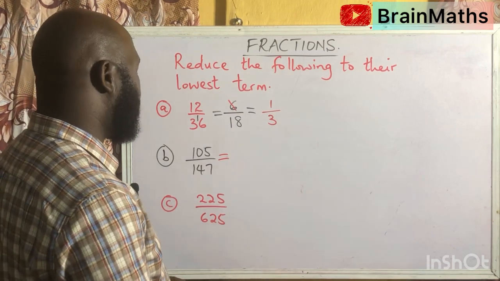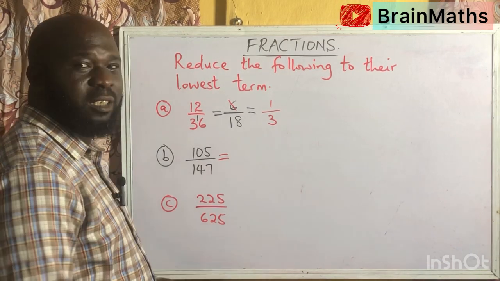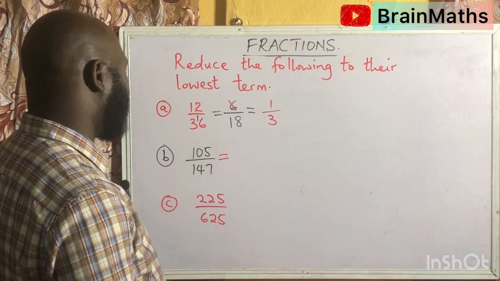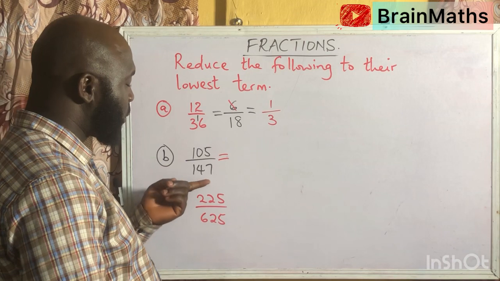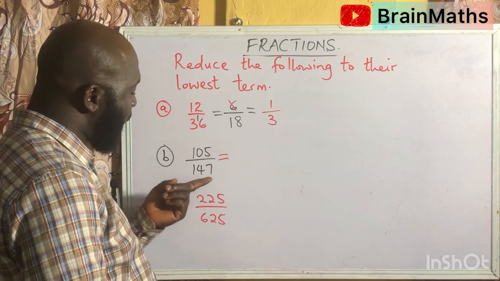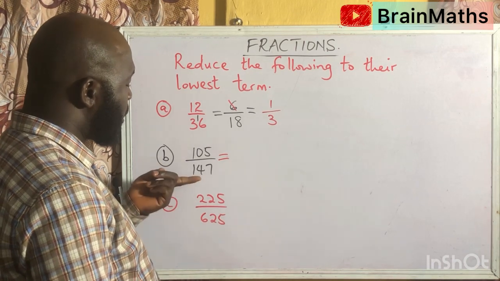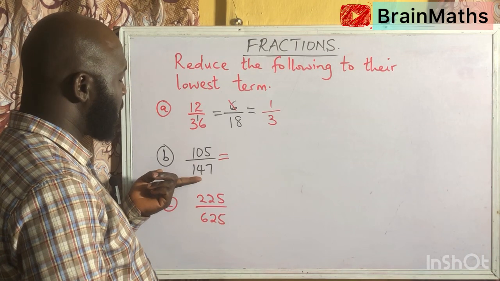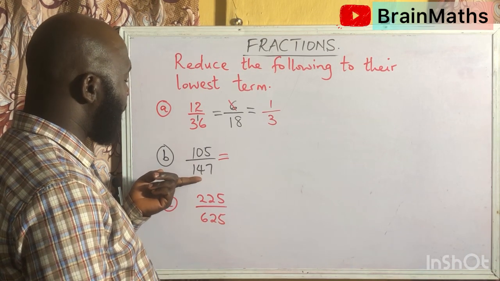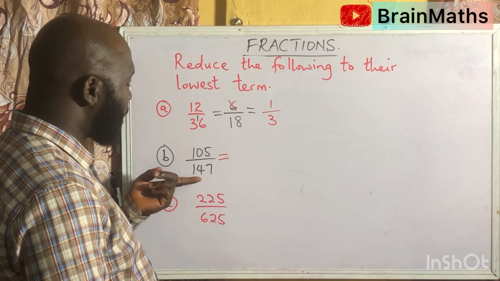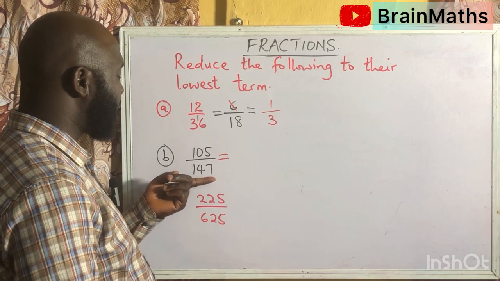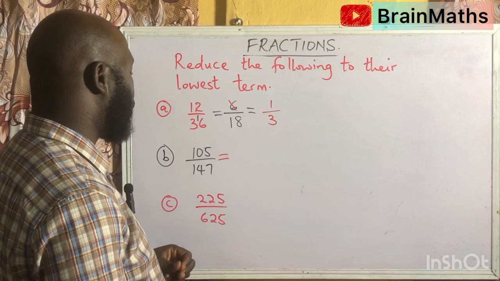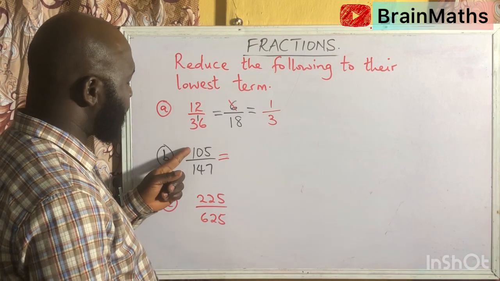That is also possible. Then let's try another number like 7, because if you look at the denominator, it is obvious that we have 14 and 7, which means 14 divided by 7 will give us 2, and 7 divided by 7 will give us 1. So let's test the numerator.